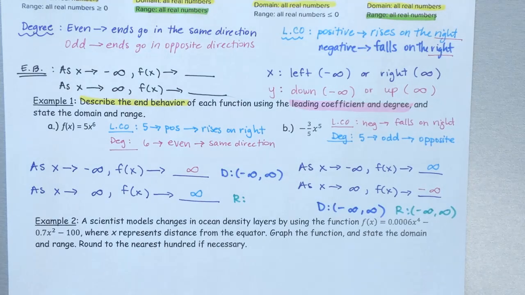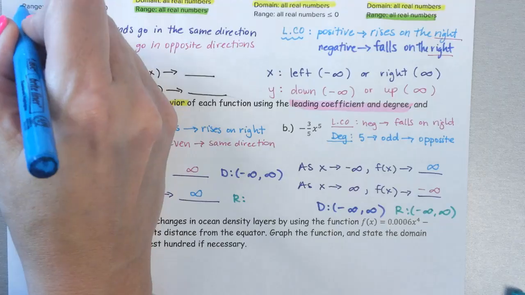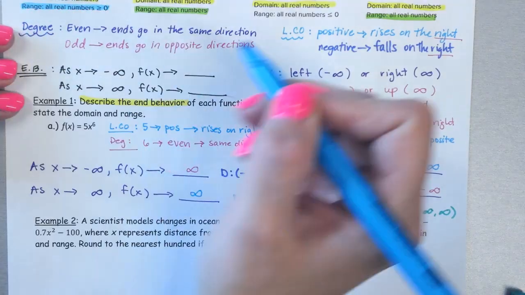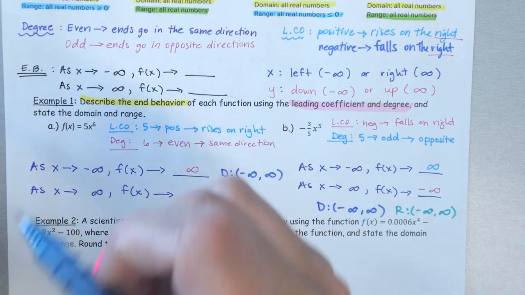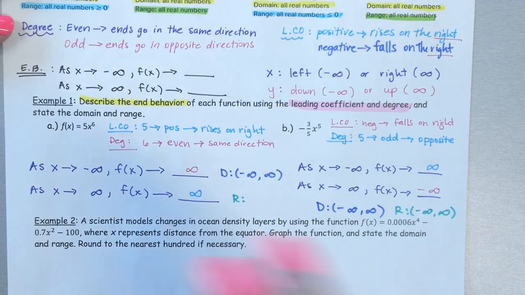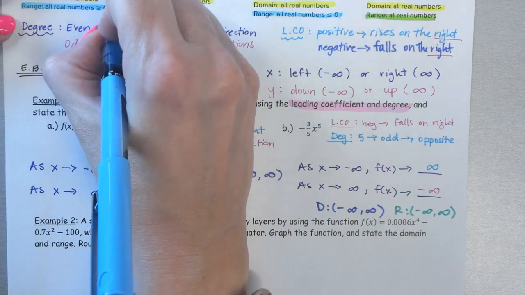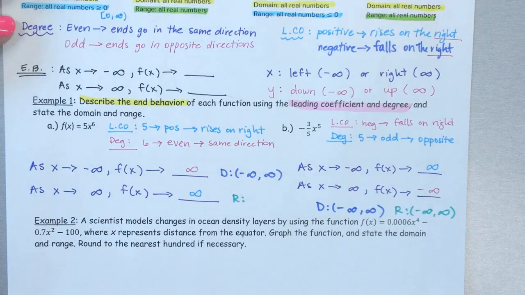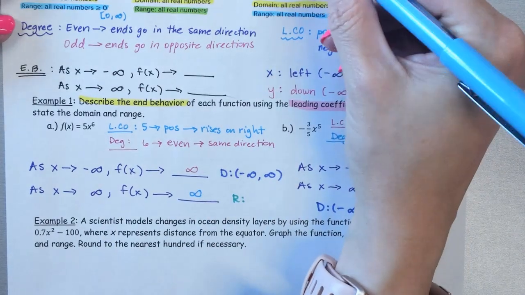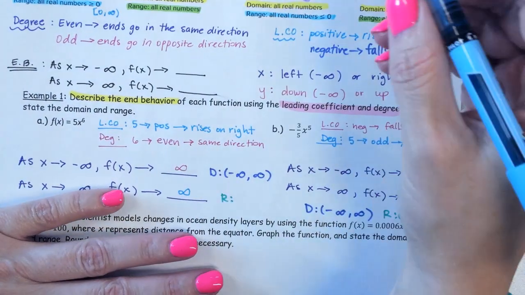Okay, the range, if it is greater than or equal to 0, when we write that in interval notation, we're going to write that as 0 to infinity. If they are below the line, that's when you have the negative coefficient.